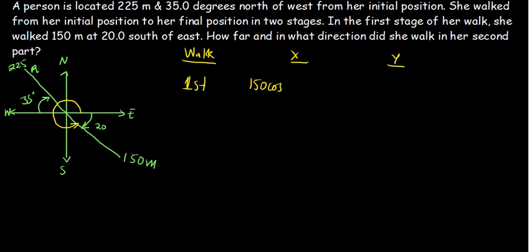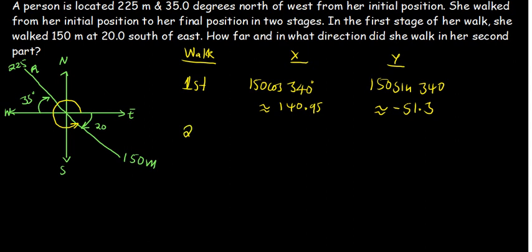If this is 20, and a complete revolution is 360, that will be 360 minus 20, which is 340 degrees. This gives us approximately 140.95. Then for this side, it will be 150 sin 340, which gives approximately negative 51.3.